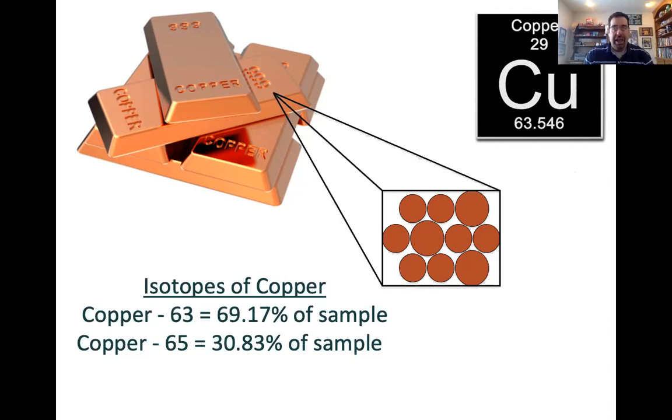So that's the weighted average of these 2 isotopes, which does tell us that the 65 is in lower abundance than the 63, because if it was perfectly 50-50, the average of 63 and 65 would be 64. But you can see that this is less than 64. And the reason why it's less than 64 is because the isotope copper 63 is in greater abundance than copper 65.